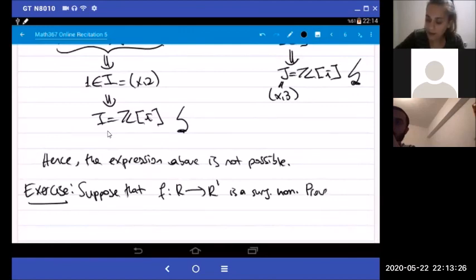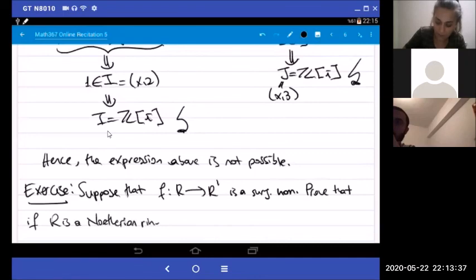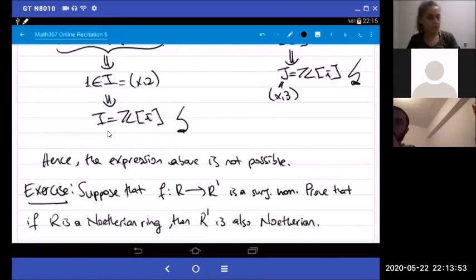Now prove that if R is a Noetherian ring, then the image of this ring, R prime, is also Noetherian. Okay? Let me leave this one as an exercise to you.